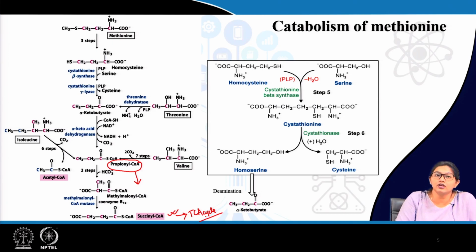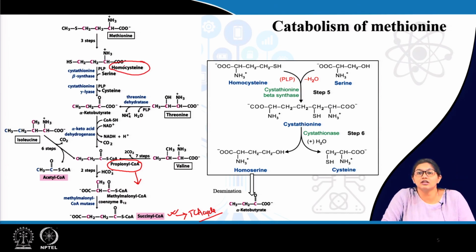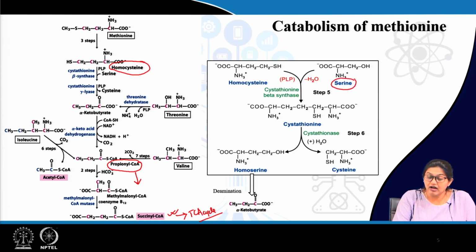From methionine we have seen there is formation of homocysteine. Now, homocysteine forms homoserine and cysteine via reacting with serine, another amino acid. So, here you can see homocysteine and serine react to form cystathionine with the help of the enzyme cystathionine beta synthase.